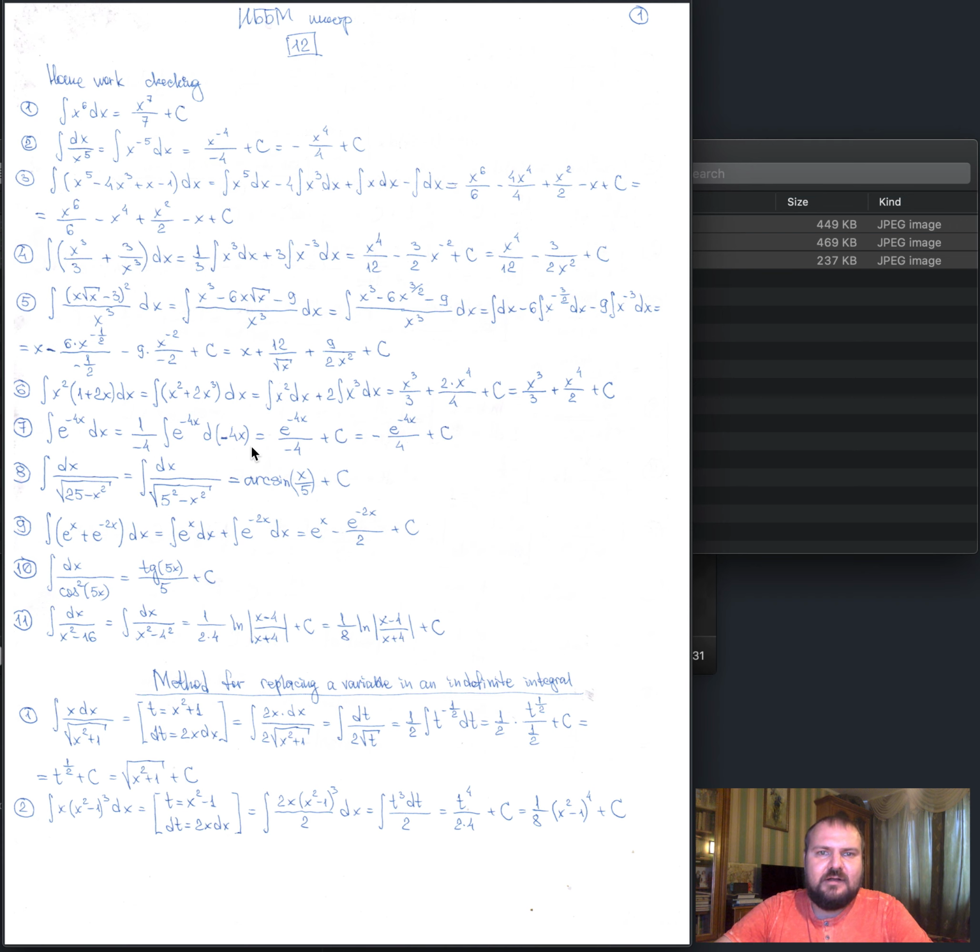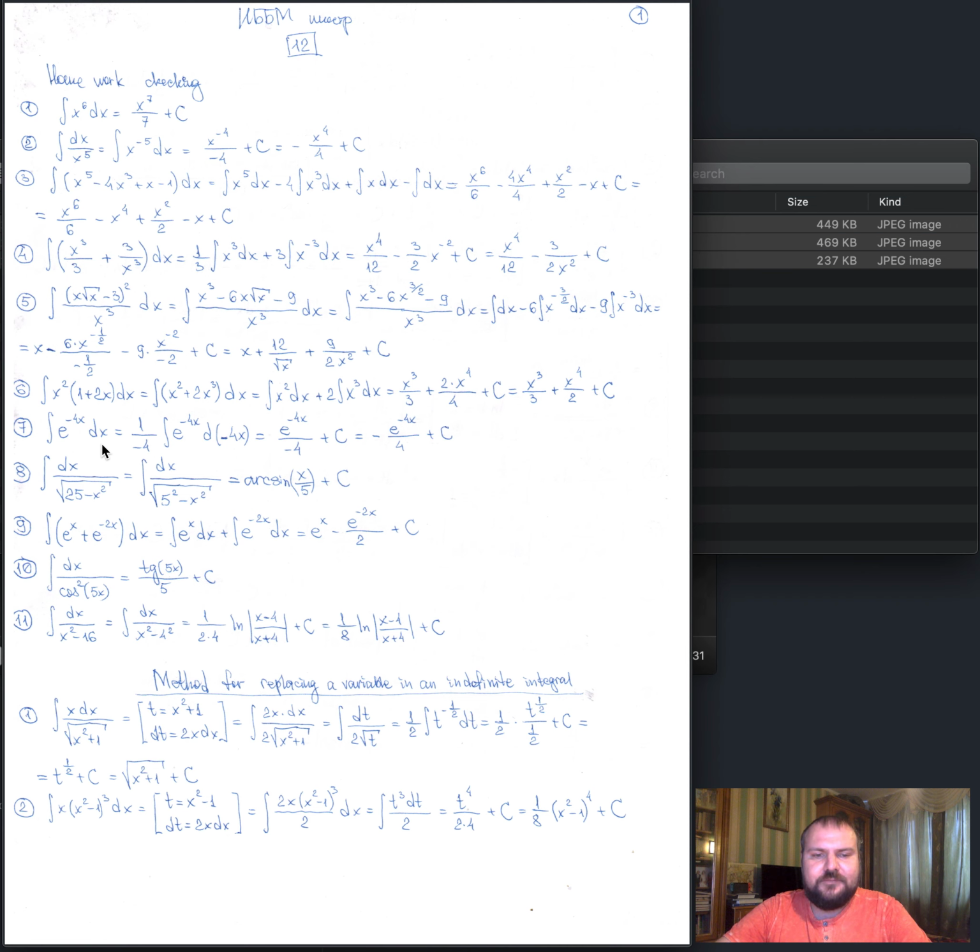First integral x in square dx plus 2 integral x in cubic dx, and get the answer. I miss this step. We get x in cubic divided by 3 plus x in 4 divided by 2 plus constant.